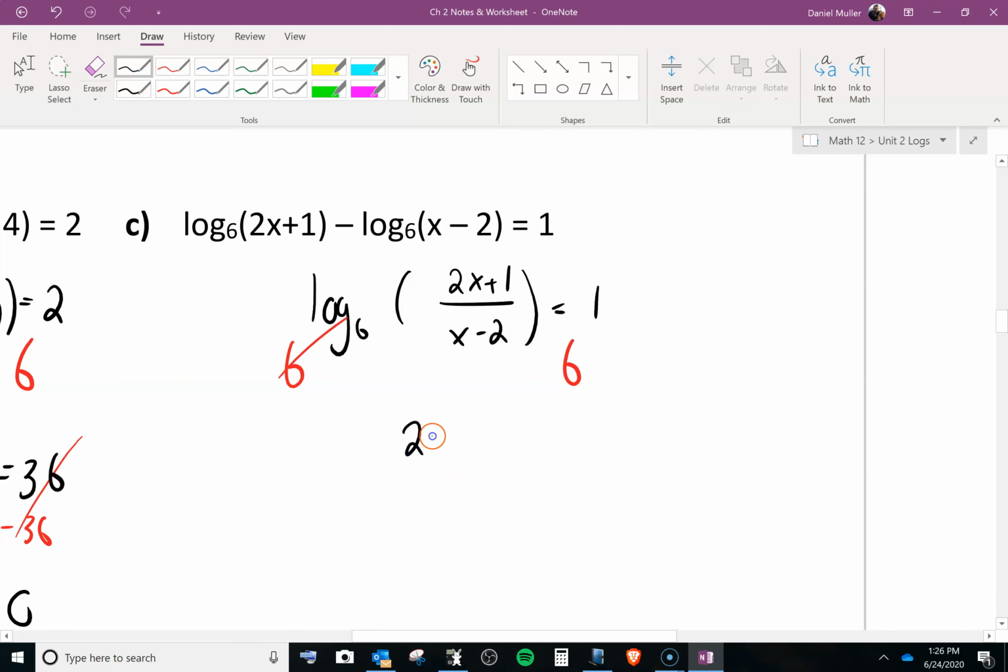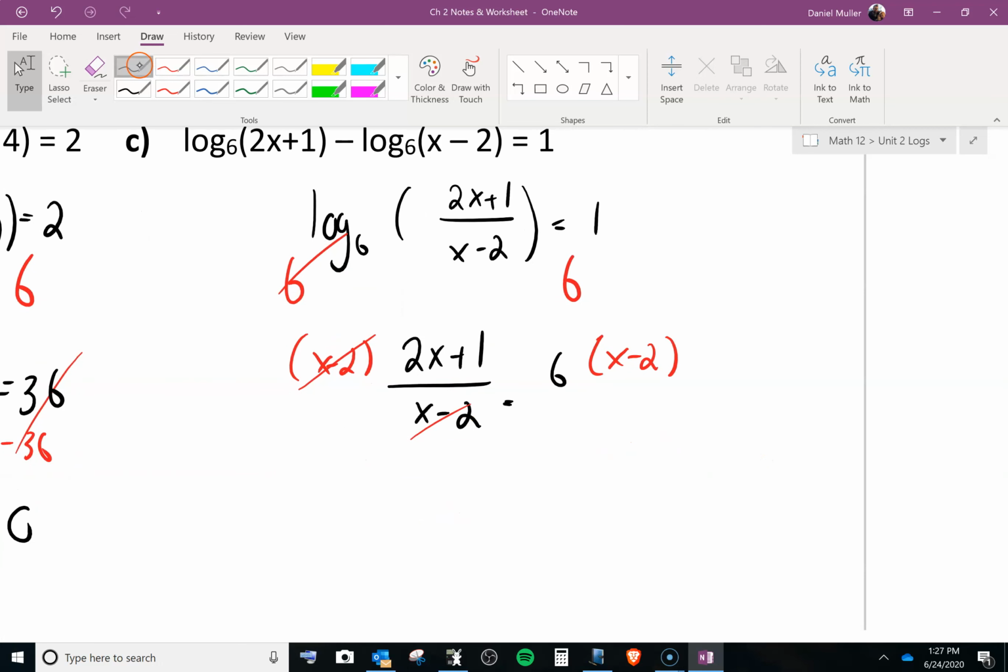Maybe I'm not being very creative here, having all these 6's as my bases, but whatever. 6 to the 1 is 6. Now I'm going to put an x minus 2 on the numerator so we can cancel with the denominator. And I have to do that to the right side. So I have a 2x plus 1 equals a 6x minus 12.